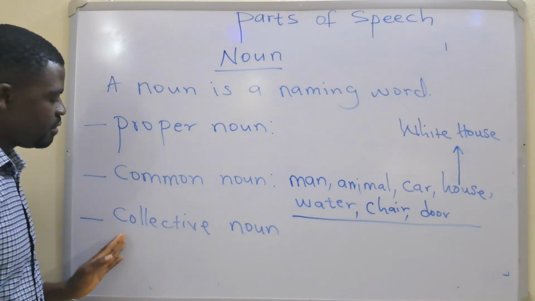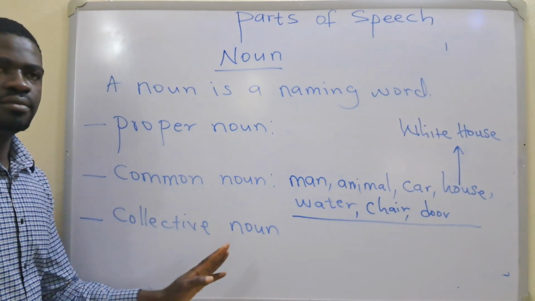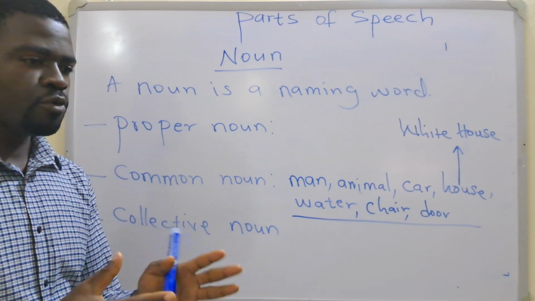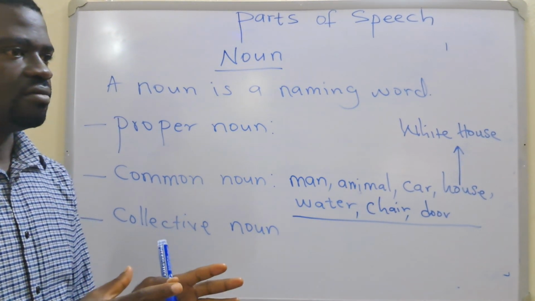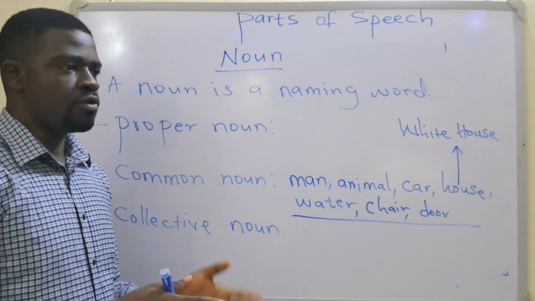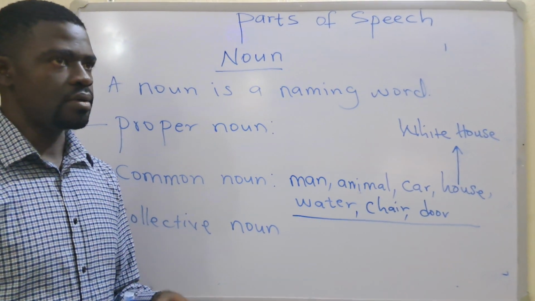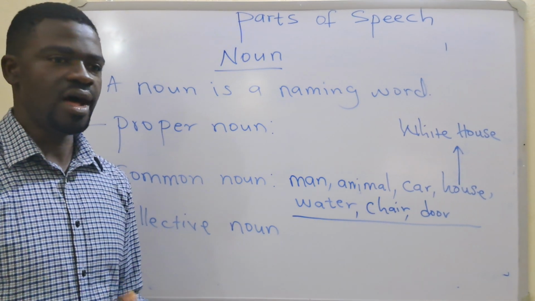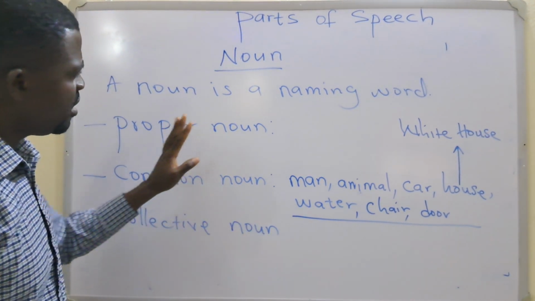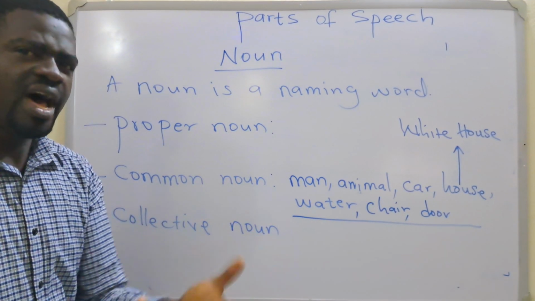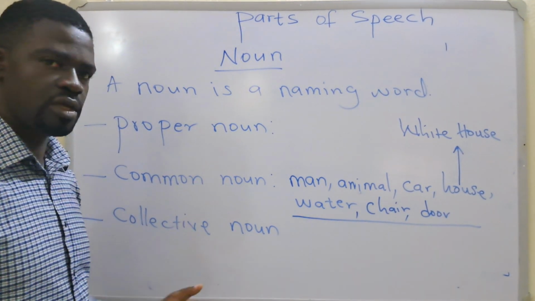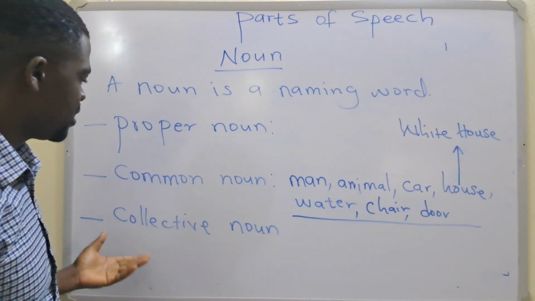Then there is collective noun. Collective noun is a name given to a group of things. It could be a group of people, a group of animals or objects or things. So a collection of nouns becomes a collective noun.